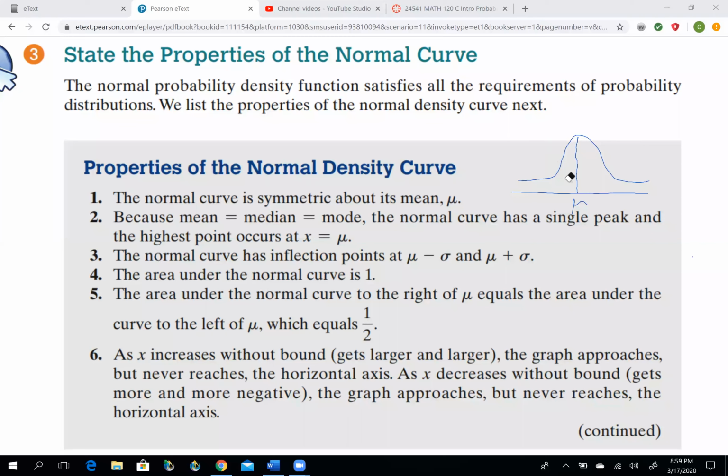Number 2, the mean is the same as the median and the same as the mode, because remember, guys, in chapter 3, I told you that for a symmetric bell shape, the mean, median and mode are the same. So because they are the same, the normal curve has a single peak and the highest point occurs at x equal to mu.